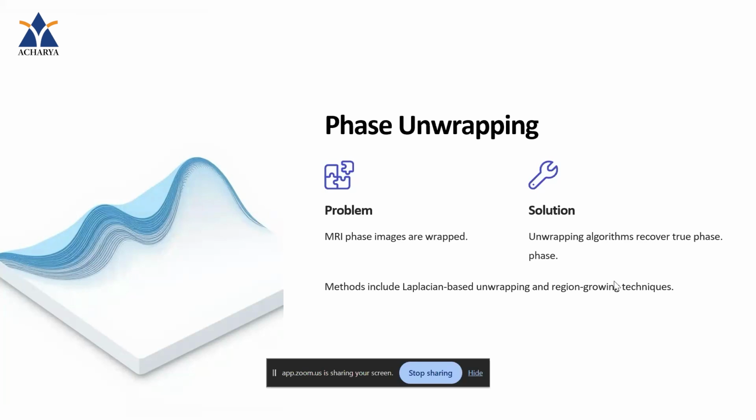Without this phase unwrapping step, the tissue susceptibility we are estimating will be unreliable for any clinical or research use.